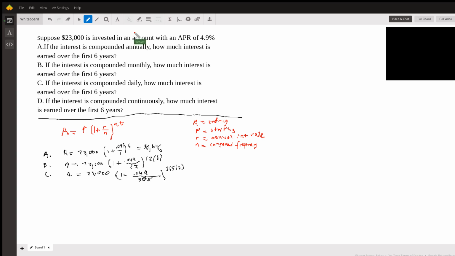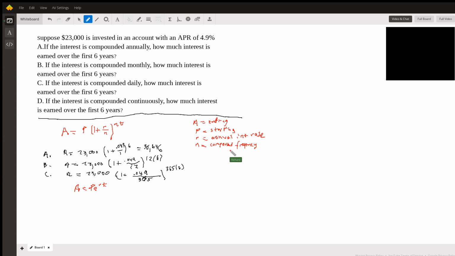And then the continuous compounding. This is a different formula, so I'm going to put that in now. This is just A equals P e to the RT. We call this formula PERT. R and T and A and P are all the same thing.